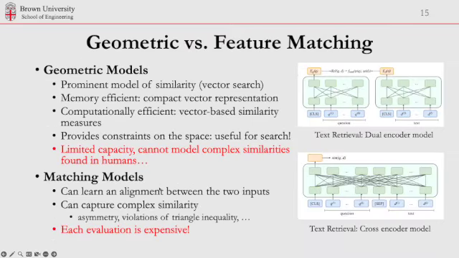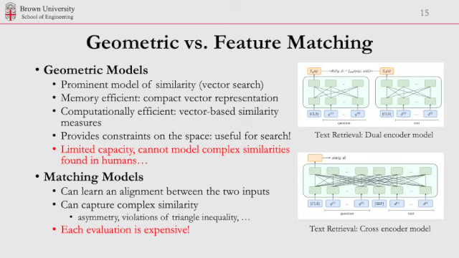So to compare these two models, and again, I'm bringing up these models because these are being used in applications. What we see is that these geometric models are really what we're seeing today with similarity search. Some of you might be familiar with vector search. There are all these vector databases out there now.